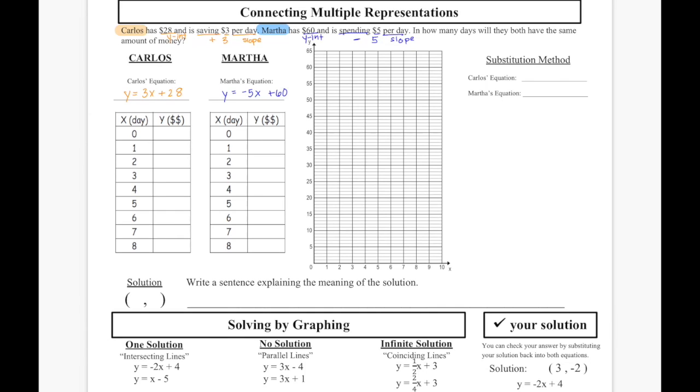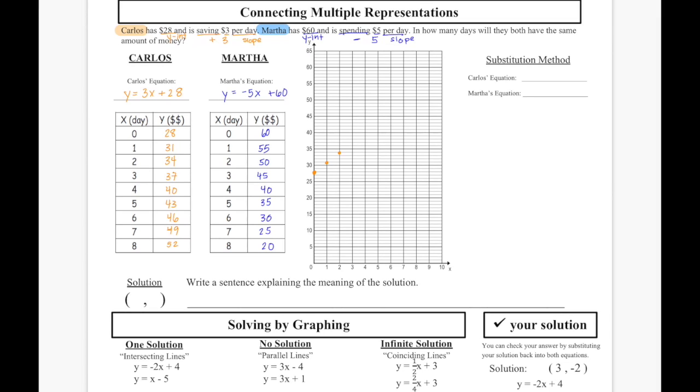The x represents the number of days and the y represents the money that Carlos has. So I'm going to start with $28 on day 0, and then every day I'm just going to add $3 because he's saving $3 per day. We'll do the same for Martha, starting at 60 because that's the amount of money that she's starting with on day 0. And then she's decreasing by $5 per day because she's spending $5 per day.